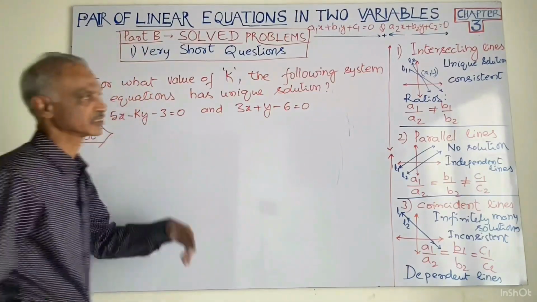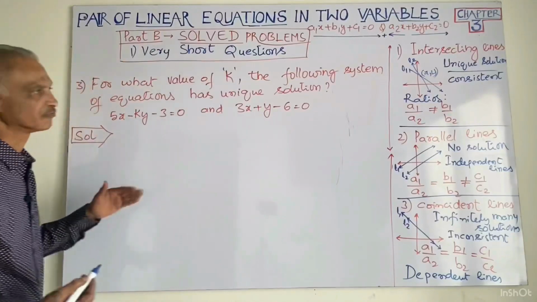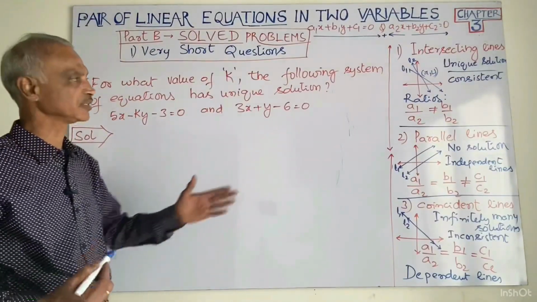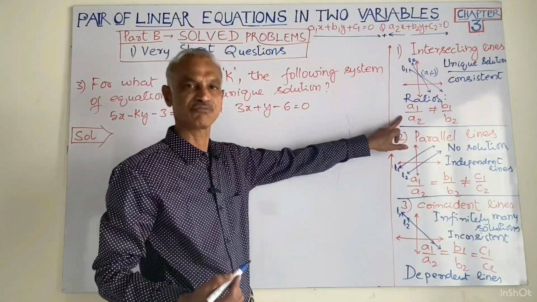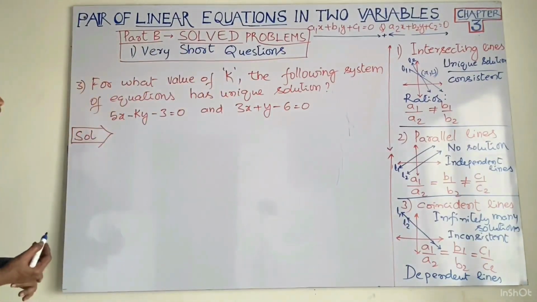See, a unique solution means they are intersecting lines. For that, what is the condition? We compare the ratios of the coefficients: A1 by A2 is not equal to B1 by B2.